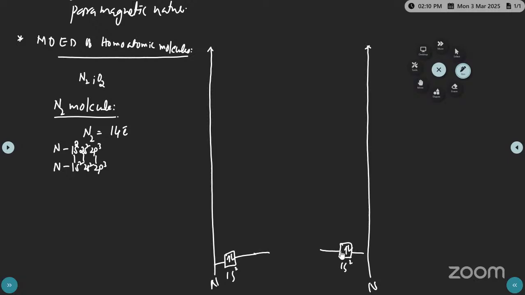How many atomic orbitals are there? One nitrogen and another nitrogen.